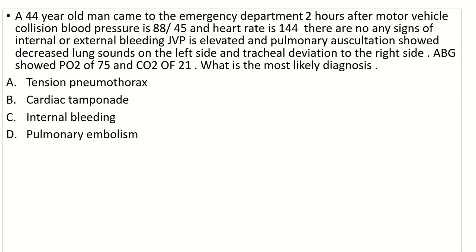The third thing that we should think about is tension pneumothorax. In tension pneumothorax, there will be increased intrathoracic pressure, because of a one-way valve that lets air go into the thoracic cavity but not go out.